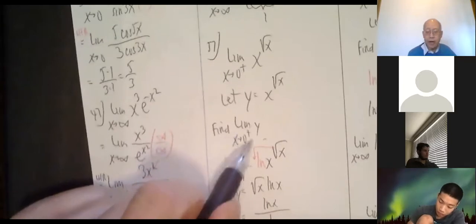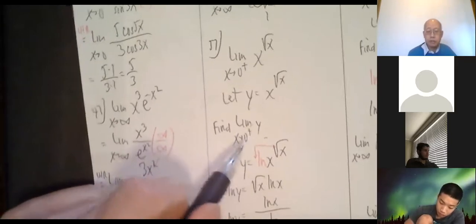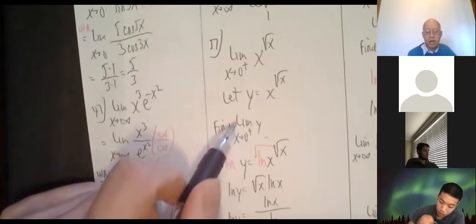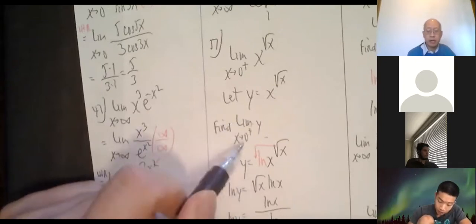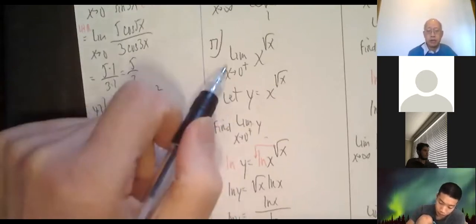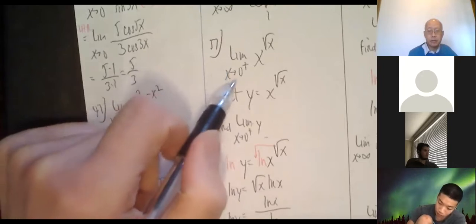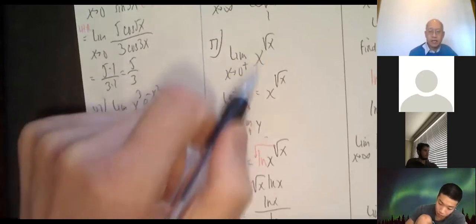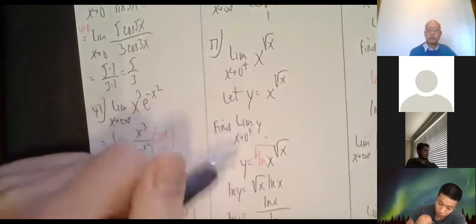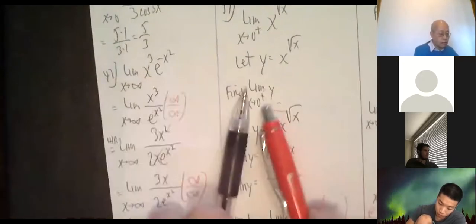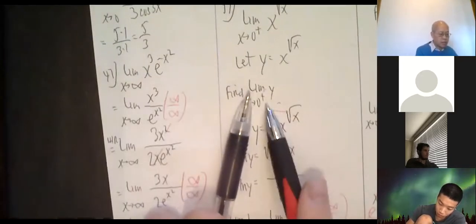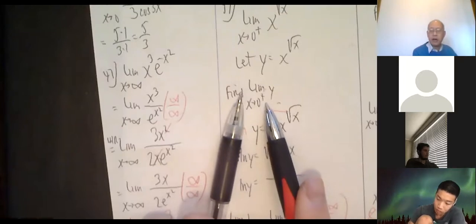There's a reason why you want to write it down also. It seems obvious now, but it won't be once I get going here. So one more time, ultimately, I'm trying to find the limit as x approaches 0 from the right of y, since I now call this thing y. So I have y equals x to the radical x.